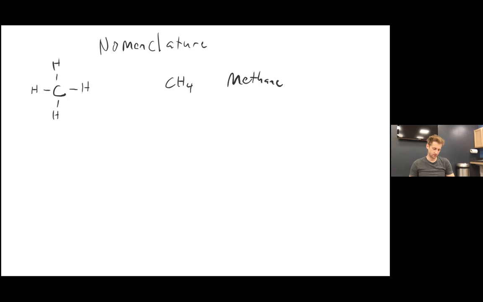as we start to get a little bit longer, I'm going to put number of carbons here, to make this table a little more useful. Our prefix for this is going to be eth, so this is going to be an ethane.